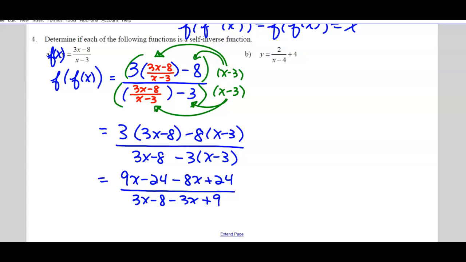Pull out like terms and it works out nicely. Well, not in our universe, but.